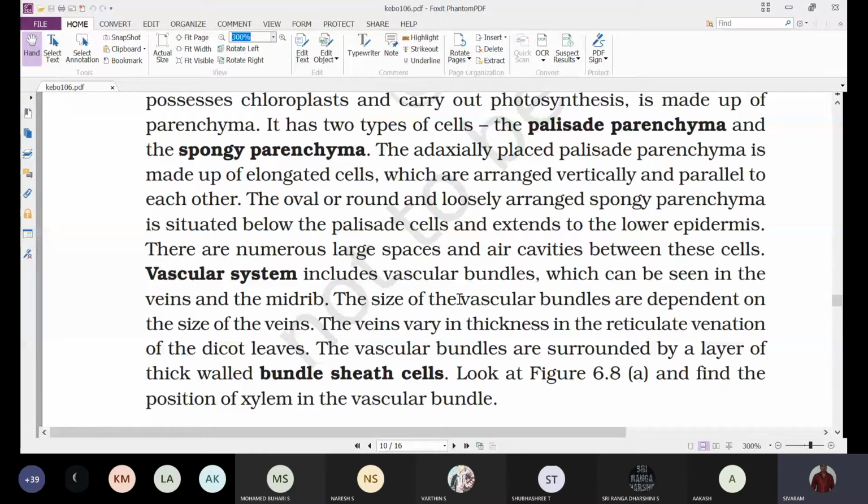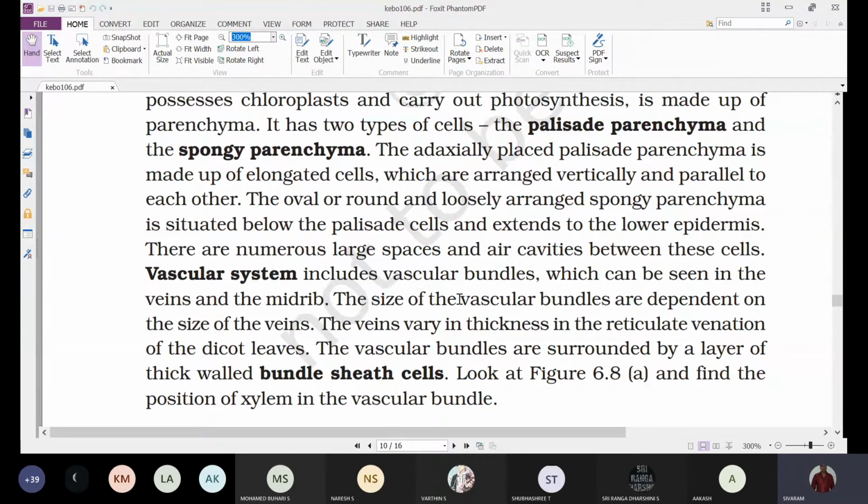So we can see here the cells are oval or round and closely arranged. Spongy parenchyma is situated below the palisade cells and extends to the lower epidermis. When you observe here, the adaxially placed palisade parenchyma is made up of elongated cells which are arranged vertically and parallel to each other.